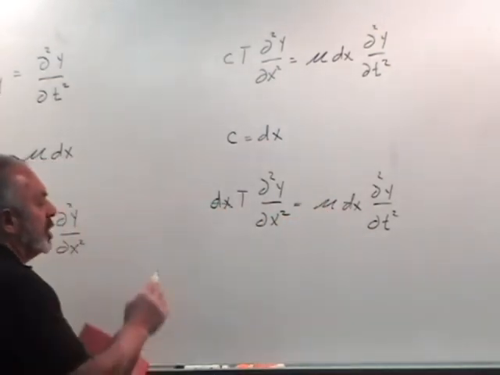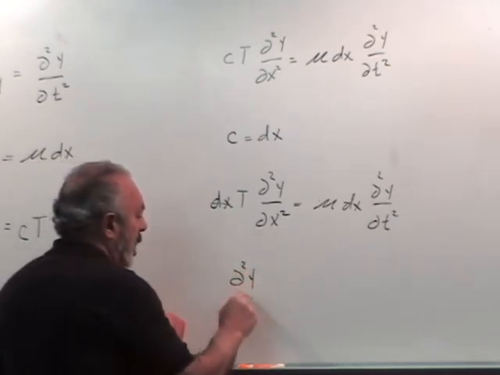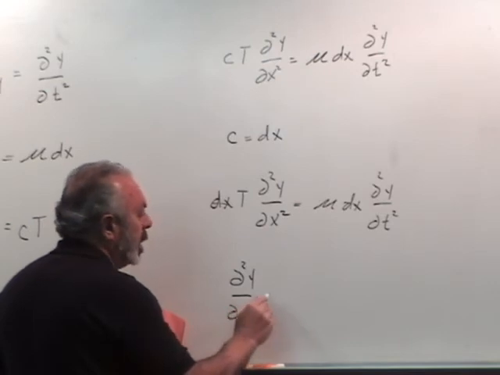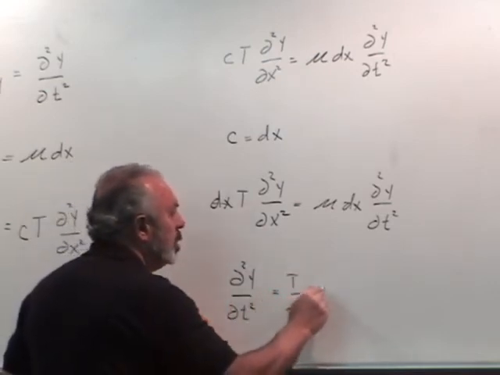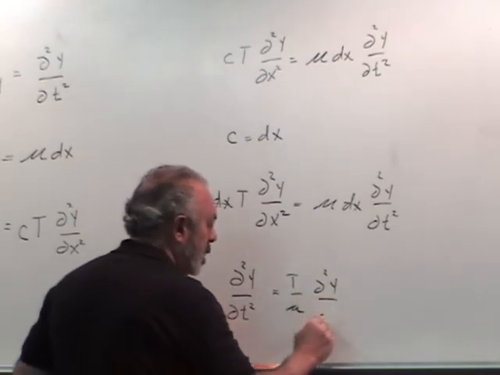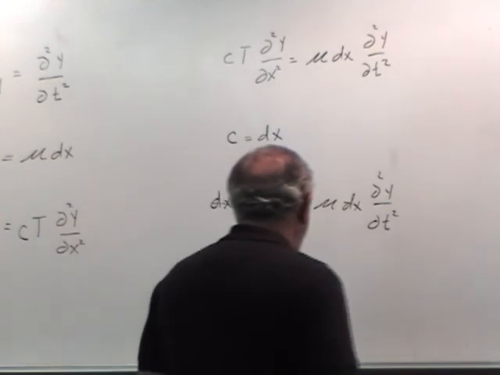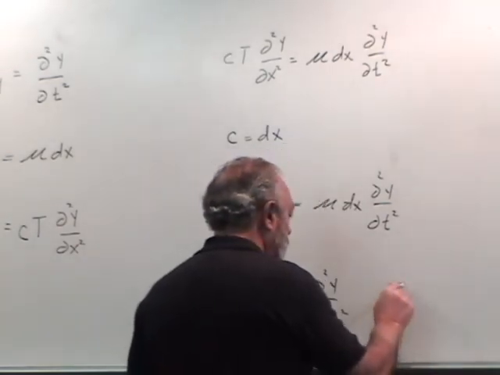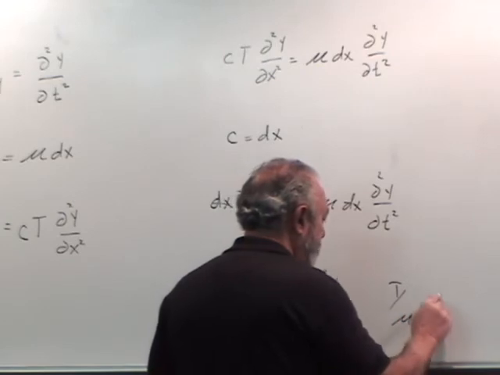And I'd like to solve this thing. I want to put the time derivative out front. So d squared y dt squared is equal to T over mu times d squared y dx squared. And as you recall, this was assumed to be v squared.